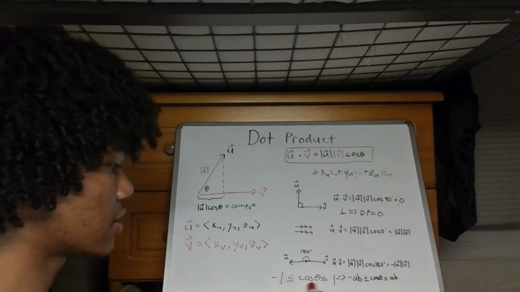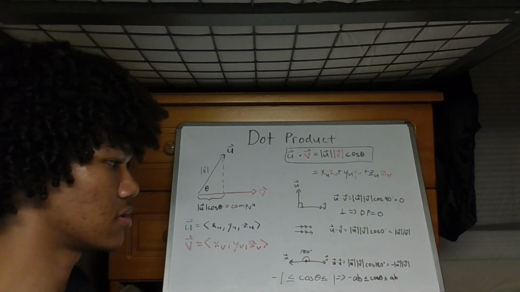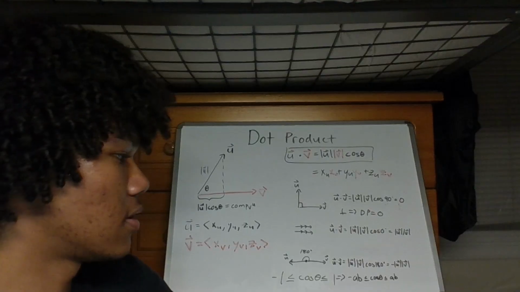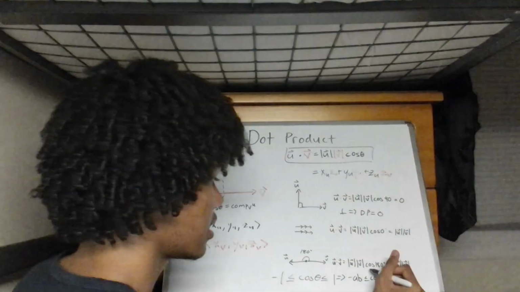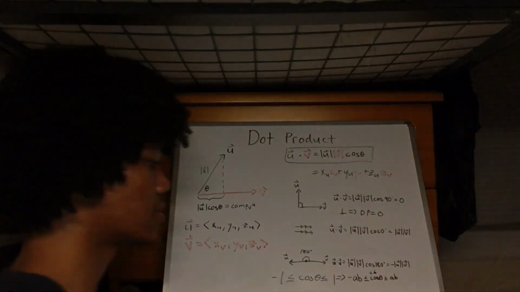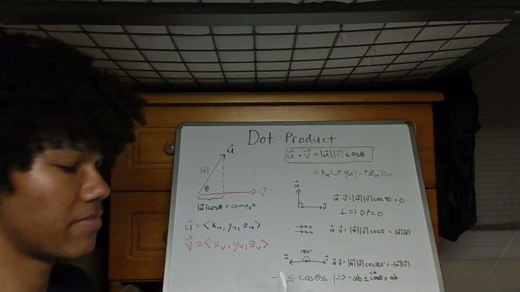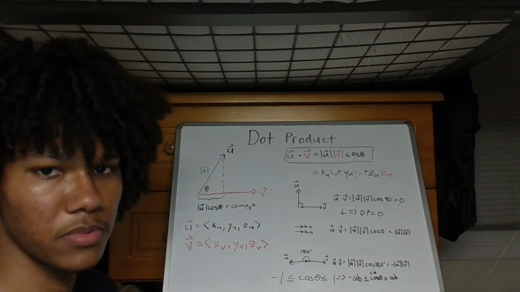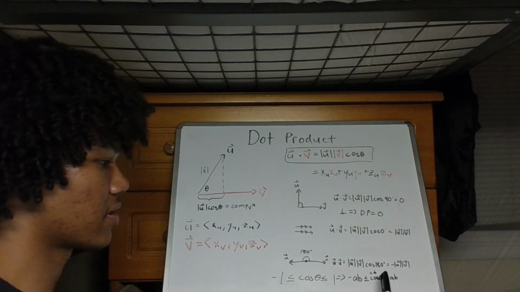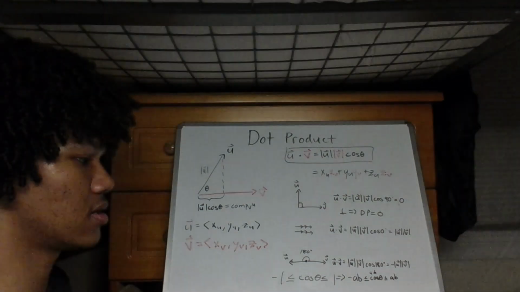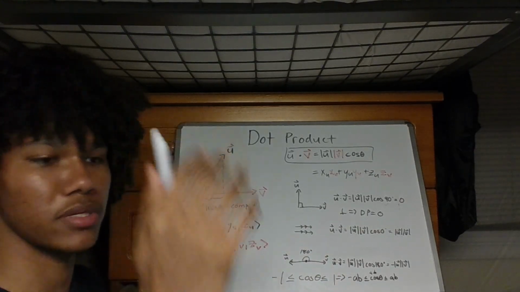Given that inequality, if we multiply each part of the inequality by the same value, that would also be true given the nature of inequalities. Sorry, I forgot to write the values here. We have AB cosine theta is going to be between -AB and AB.